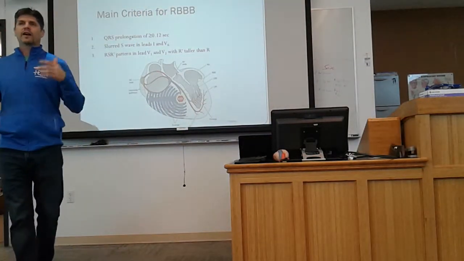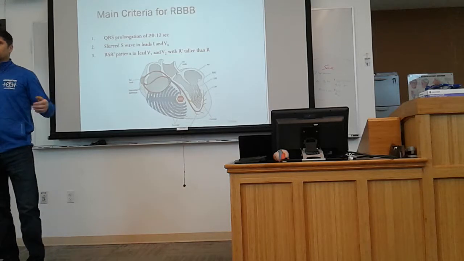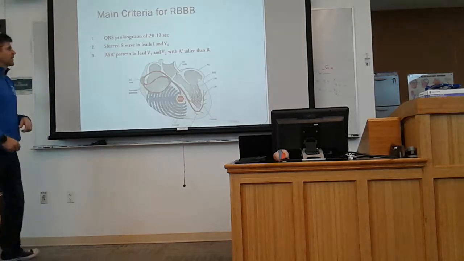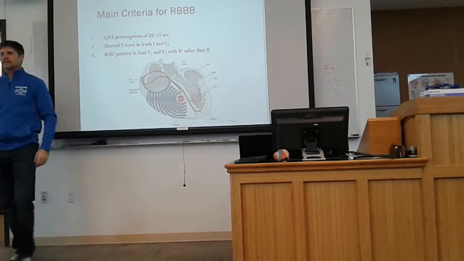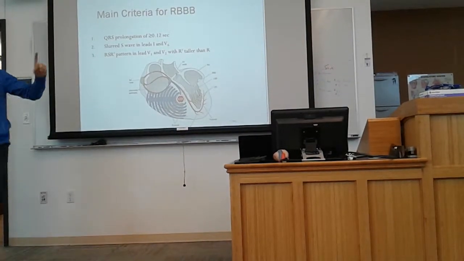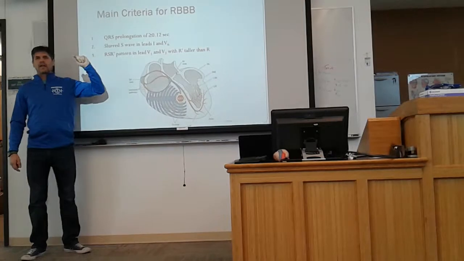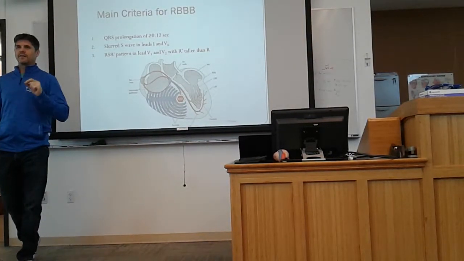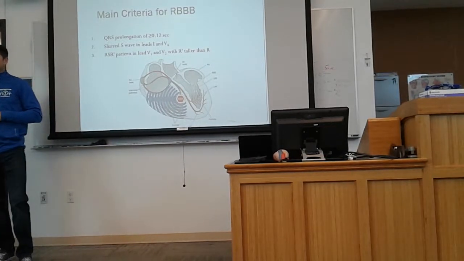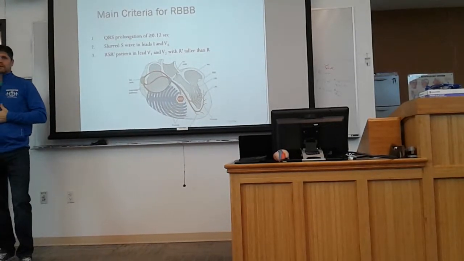Oh, okay, I've got a bundle branch block somehow. I throw them on a 12 lead, my 12 lead prints off, and I notice slurred S waves in leads 1 and V6. I then look at V1, and I see a double-peaked V1. That tells me it's a right-sided bundle branch block. Does that make sense?